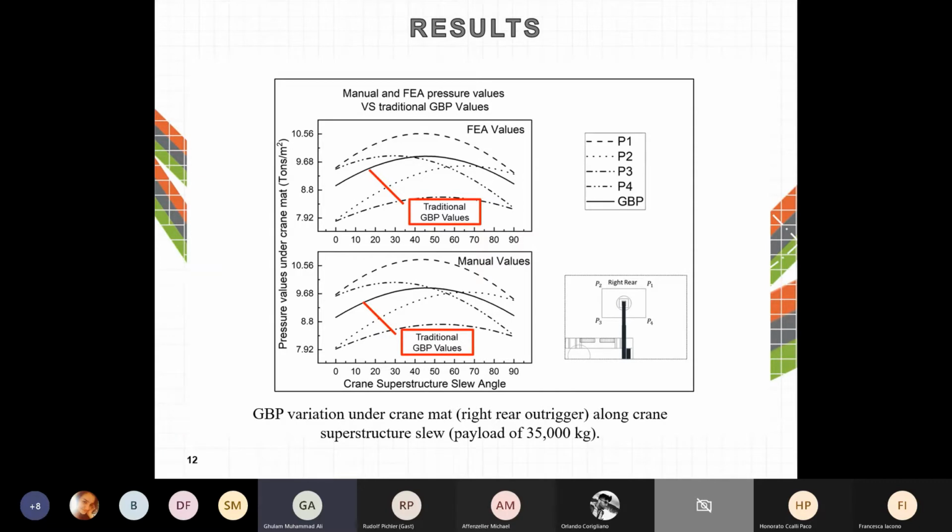If it is exerting more, it means that a stronger mat or more area is required under the mat to cover it up. And this also shows that the pressure under the mat is not uniform. It's different at different corners.